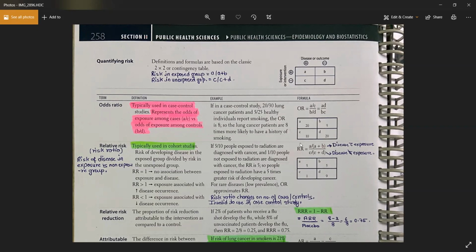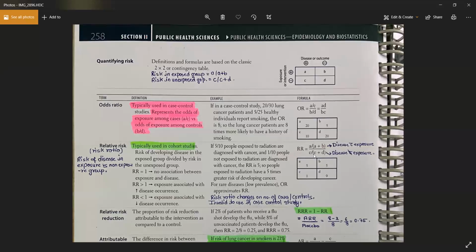And how will you calculate it? It would be the risk of getting the outcome in the exposed group divided by the risk of getting the disease or the outcome in the non-exposed group, which means A divided by A plus B, divided by C upon C plus D. So this is the relative risk.